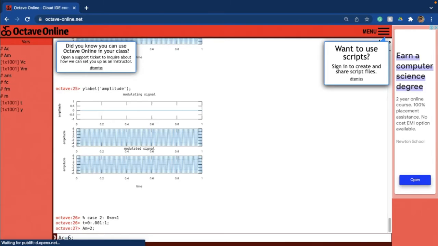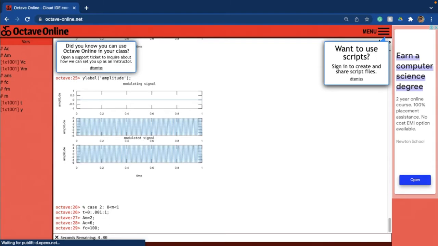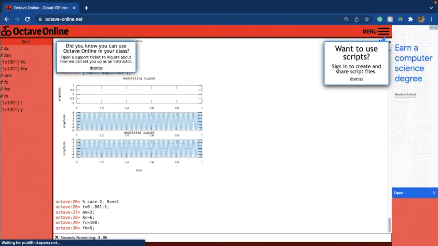So my M will be 1/3. That fits in case 2. I'm going to keep my FC the same and vary my FM, the modulating frequency. Let my modulating signal FM be 5 Hz first. And M has to be specified as AM by AC. It's defined.